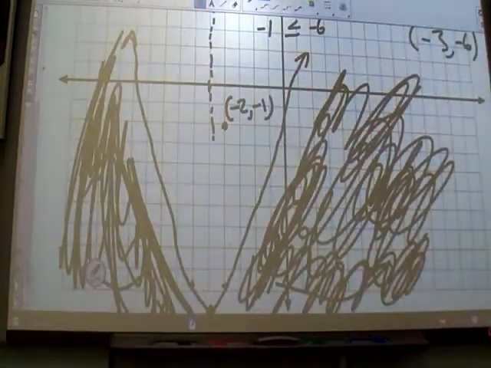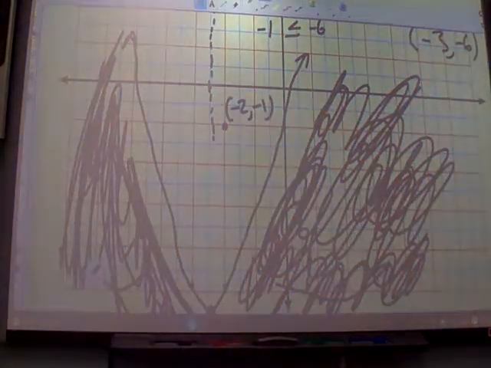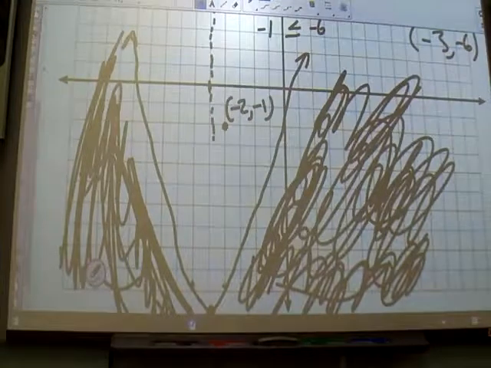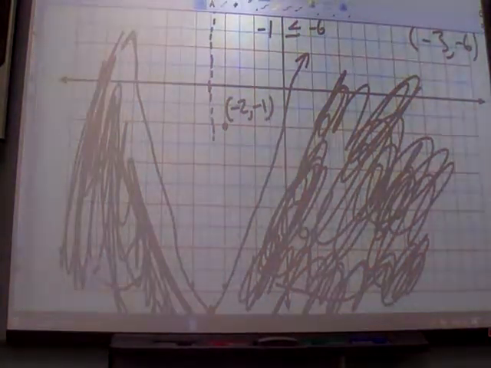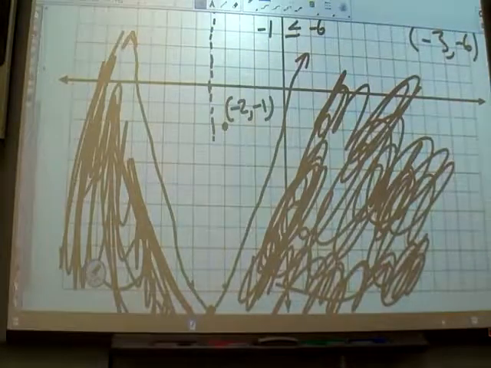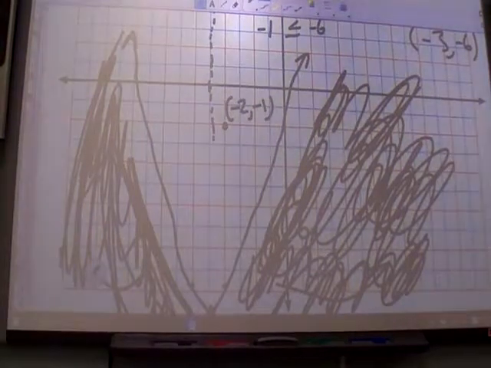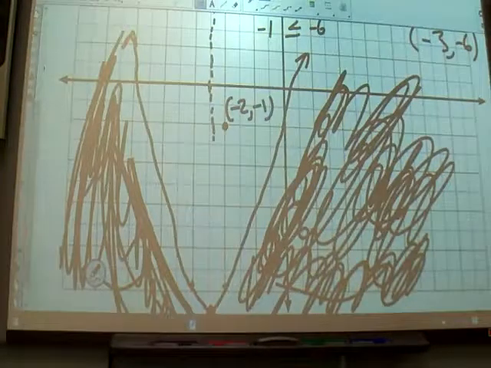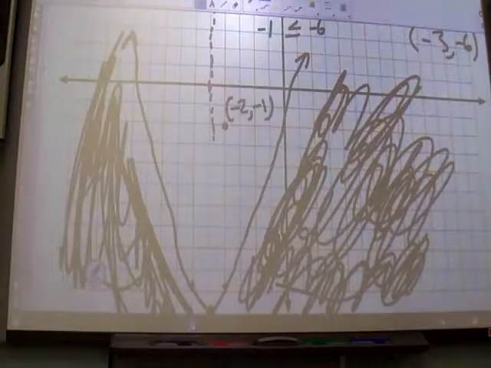Alright, so here are the important connections and takeaways for you. There was absolutely zero new math involved in this lesson today. Graphing parabolas, we spent a whole unit on. We already know how to graph. You did not have to do any kind of new math to figure out where to scribble.